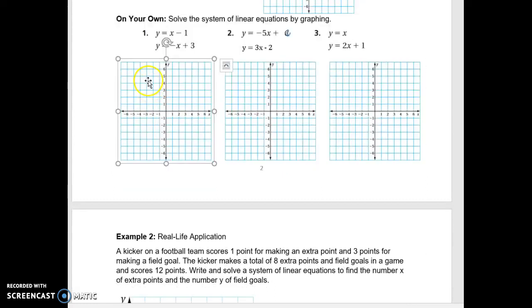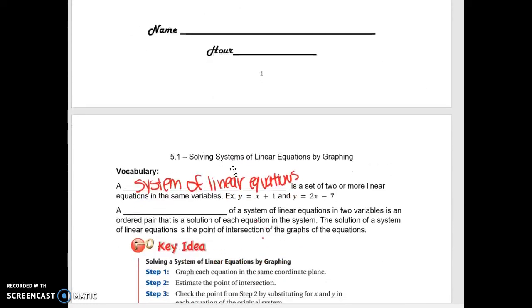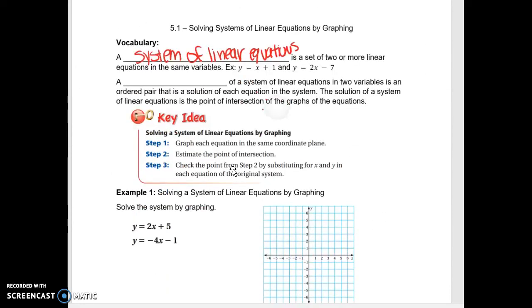A solution of a system of linear equations in two variables is an ordered pair that is a solution of each equation in the system. The solution of a system of linear equations is a point of intersection of the graph of the equations.